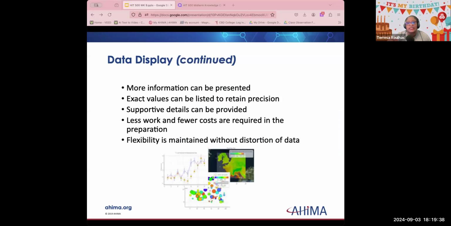You can list exact values for precision, provide supportive details, require less work that incurs fewer costs during preparation. And you maintain flexibility without distorting the data and making it unreadable.